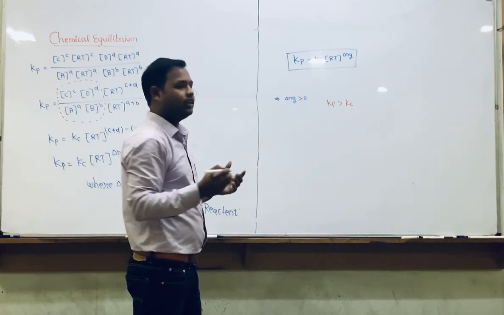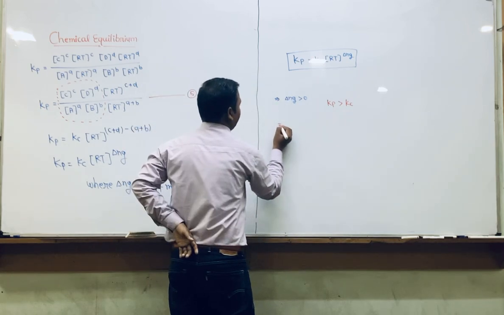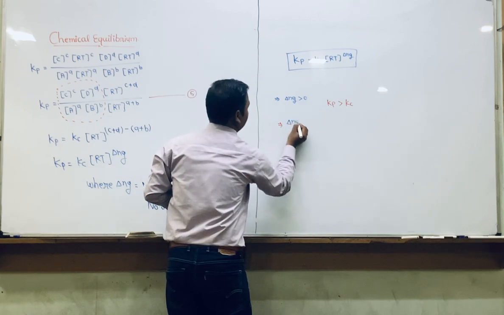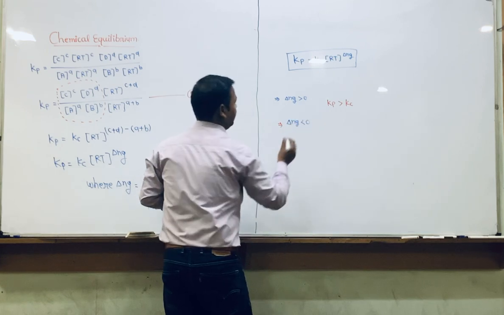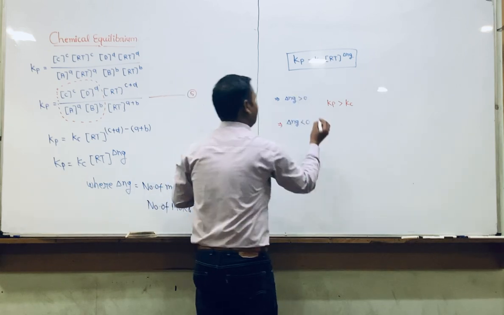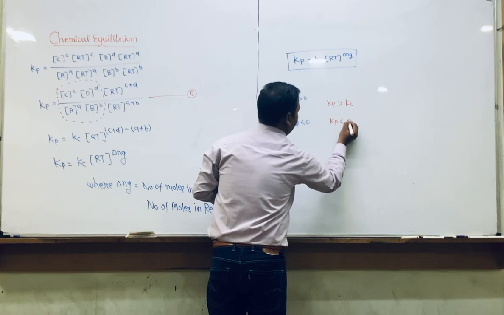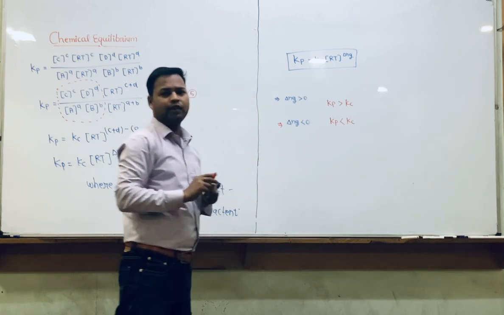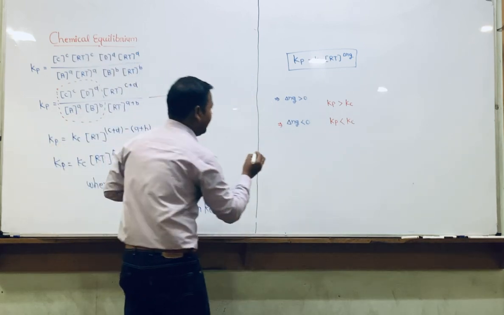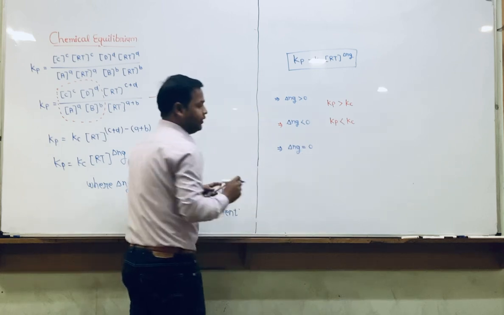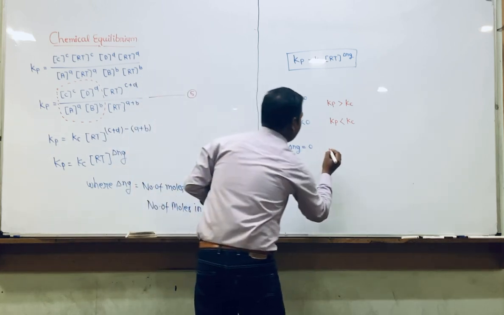If delta Ng is less than 0, then we can write Kp is less than Kc. If delta Ng equal to 0, then Kp equal to Kc.